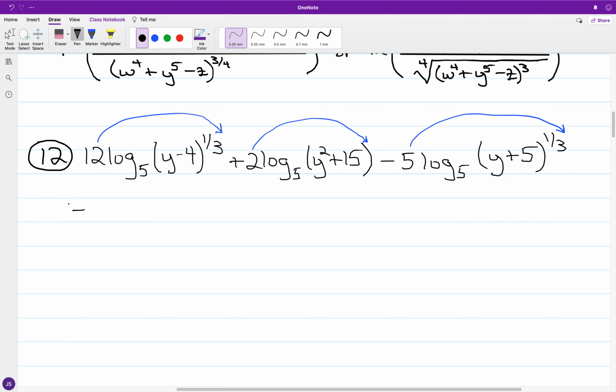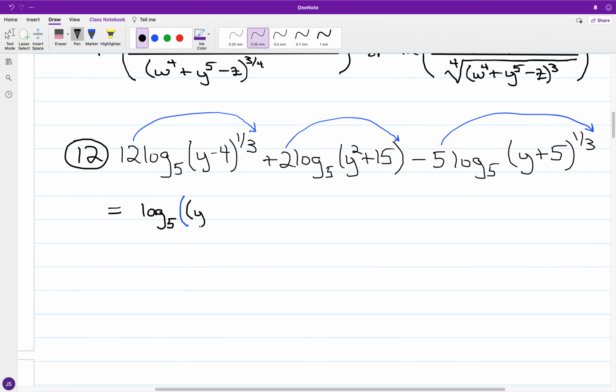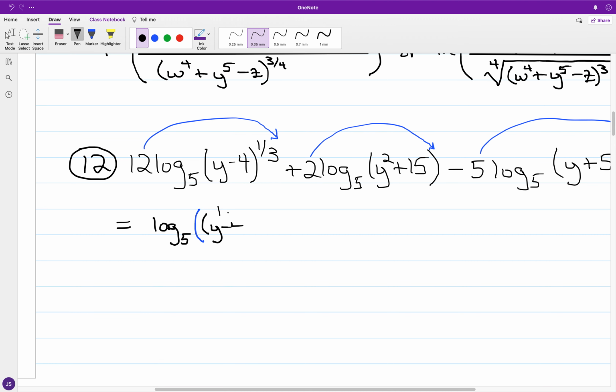Now for what is going to arise here, you have the base 5 logarithm, and you've got y minus 4 to the 1/3, and this is going to be raised to the 12th power. So we're looking at the power property of exponents.